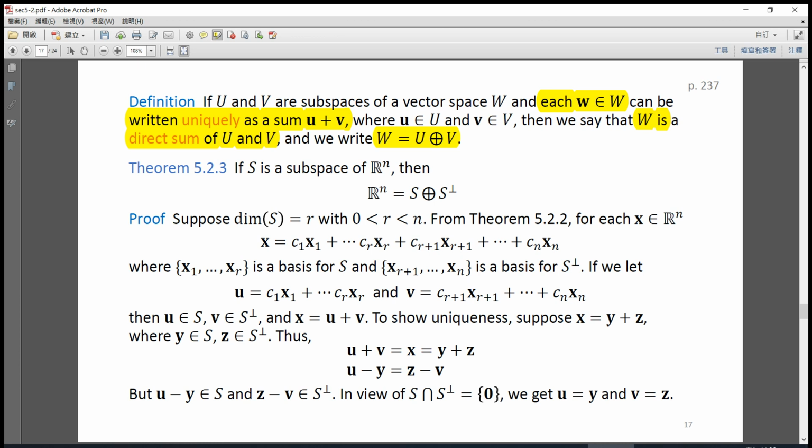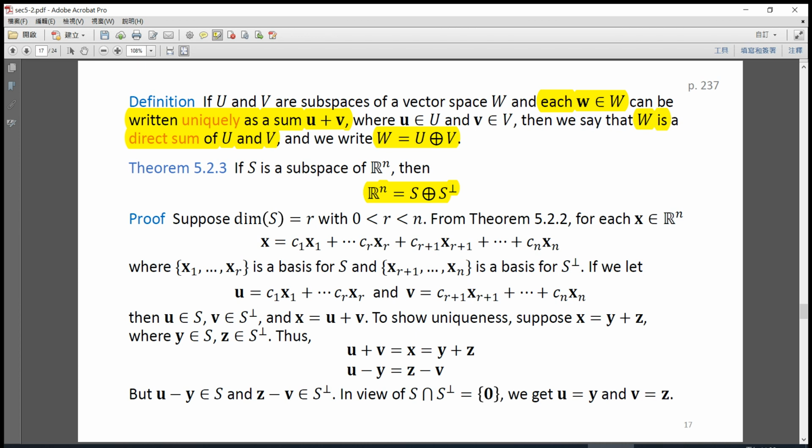Next, we introduce Theorem 5.2.3. If S is a subspace of Rn, then Rn is a direct sum of S and S perp. We can use a simple example to gain some insights behind Theorem 5.2.3.